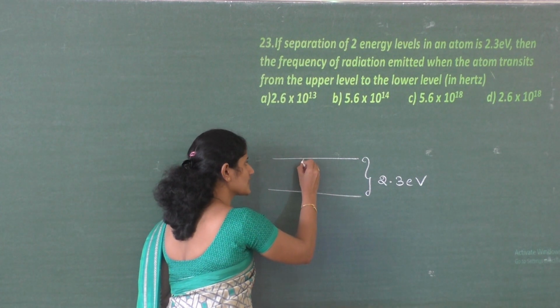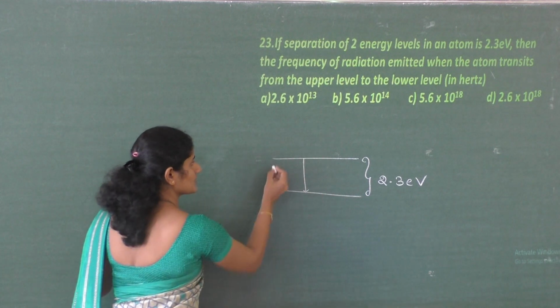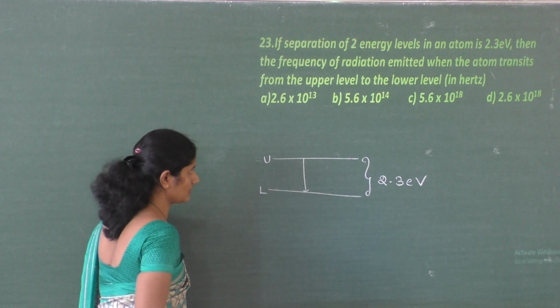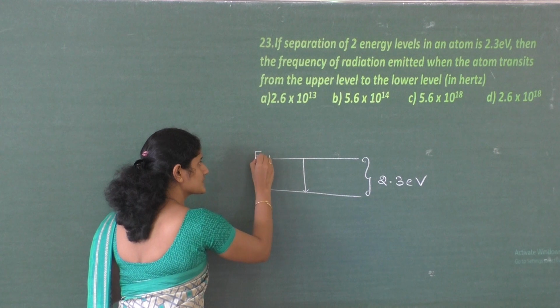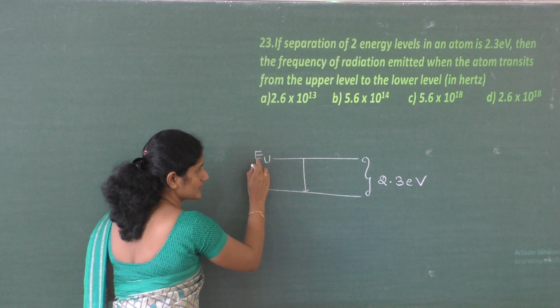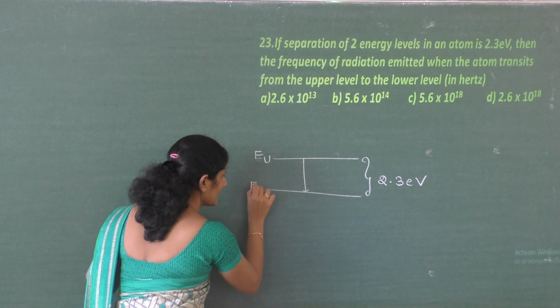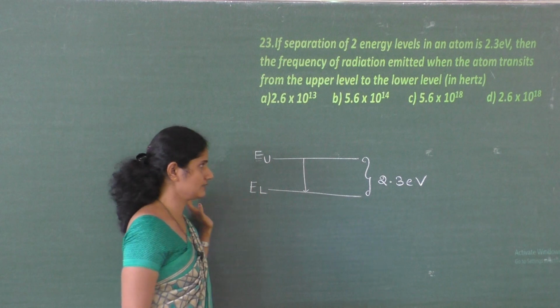When an electron jumps from the upper level to the lower level, this is the upper level and this is the lower level. The energy of the upper level is denoted by EU, and similarly the energy of the lower level is EL.